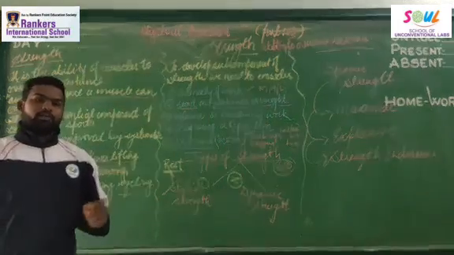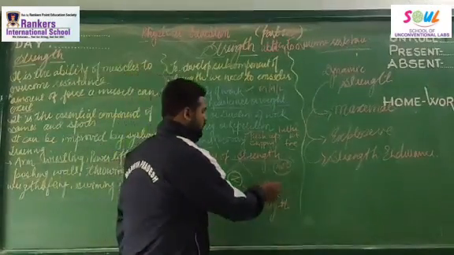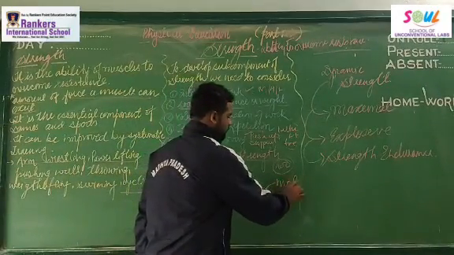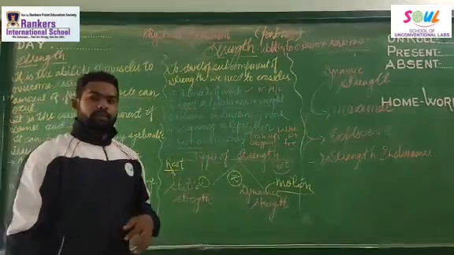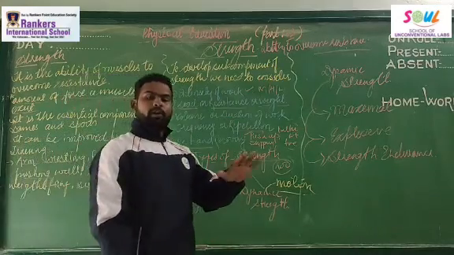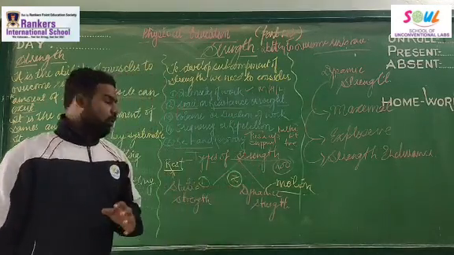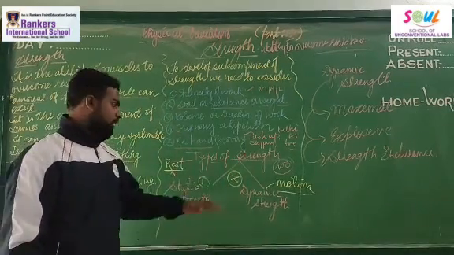Dynamic means motion, things which are in motion. So it is the amount of force exerted by the muscle whenever the body is in motion, like when we kick the ball. When we kick the ball, it becomes dynamic strength because the leg muscles need strength at that time.